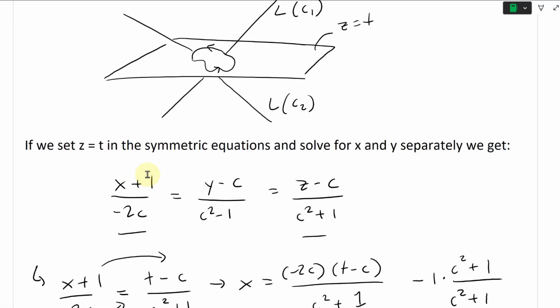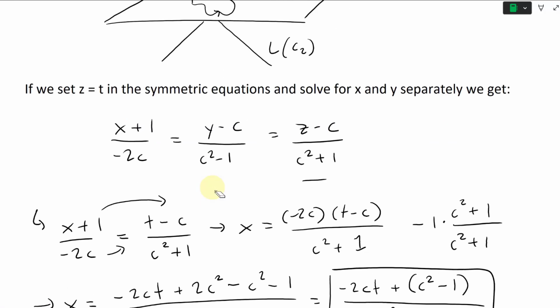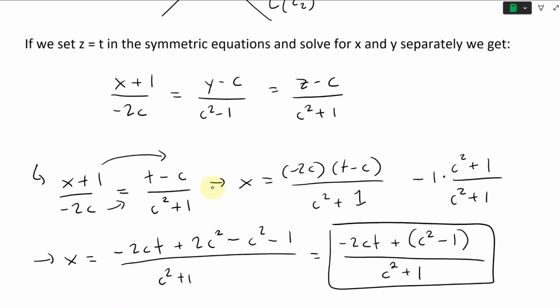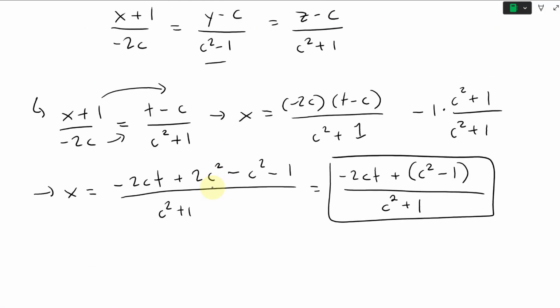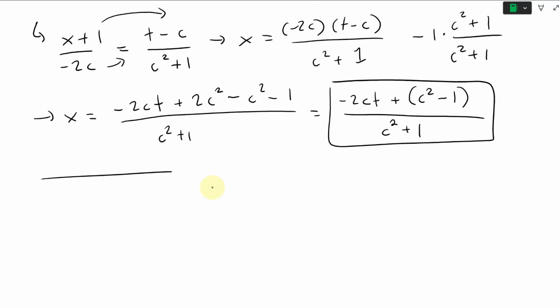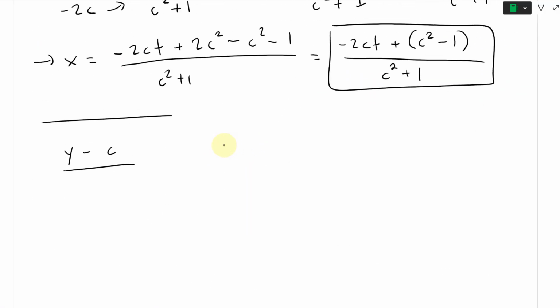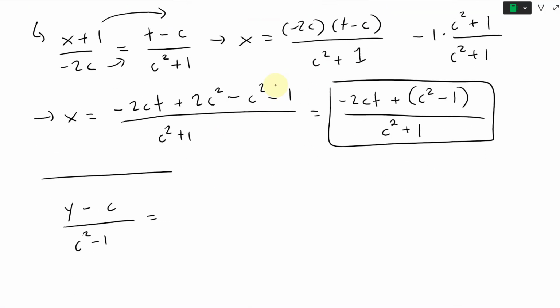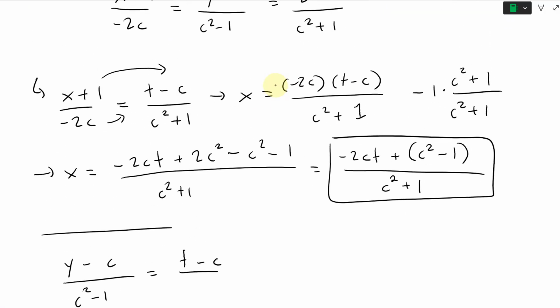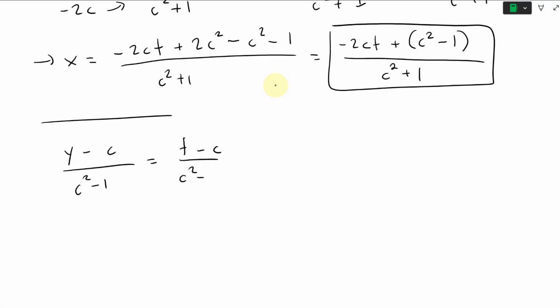Now we'll do the same thing for the y. So we'll equate this and plug in z equals t there. What we're going to get is (y minus c) over (c squared minus 1) equals (t minus c) over (c squared plus 1).